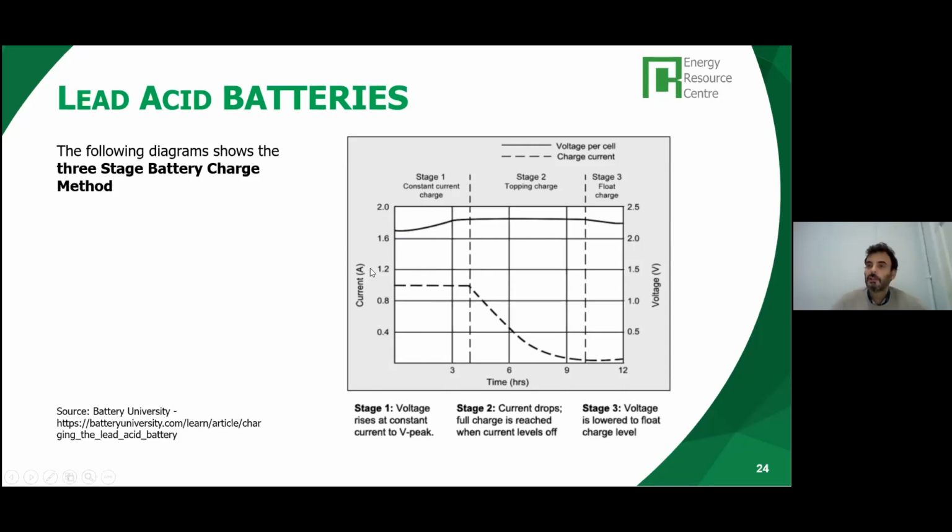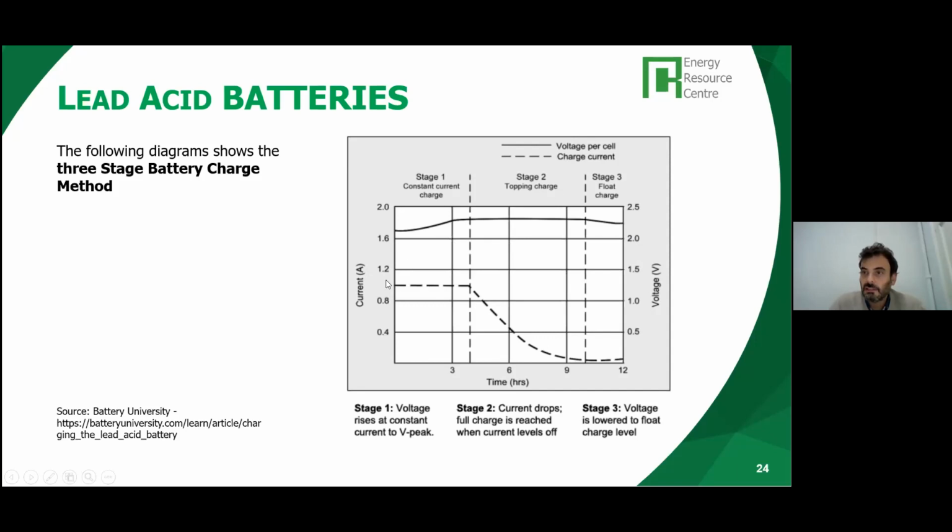This nominal cell, a typical battery cell, is rated at around 2 volts. So we can see here that when the battery is getting charged, the voltage rises until it gets to a certain level, what we call the absorption level. There, little by little, the current starts to be limited.